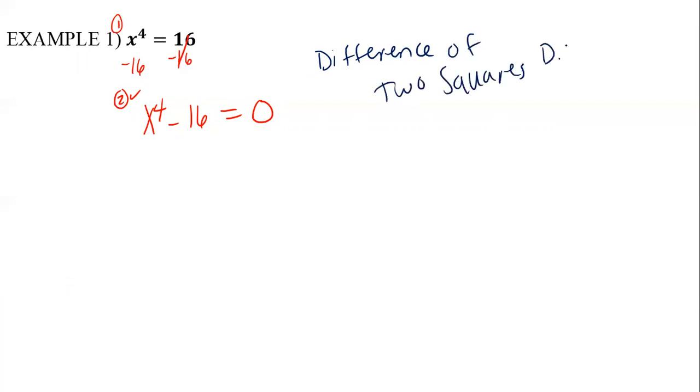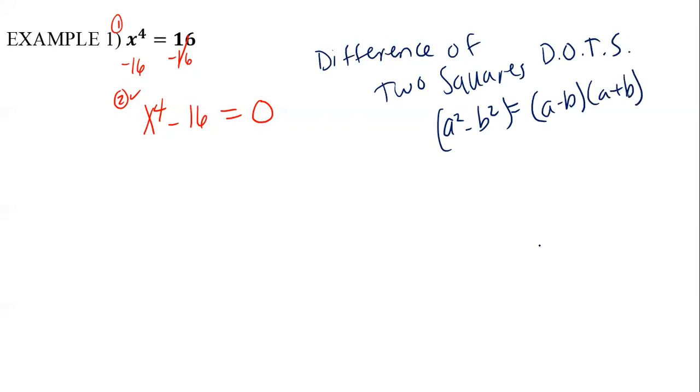If we look at our recall, that means that if I have a squared minus b squared, it factors to be a minus b times a plus b. So in step 3, when I'm factoring this, I'm using difference of two squares. So I take the square root of the first term, square root of the second term.